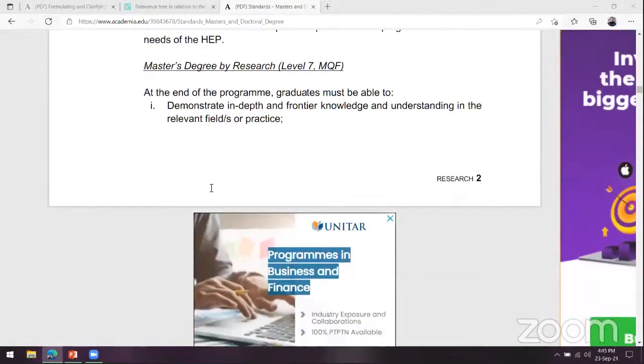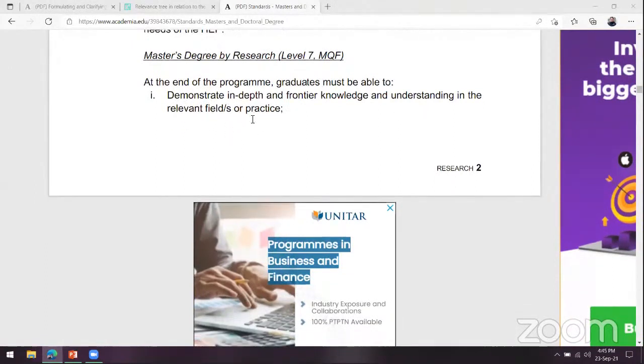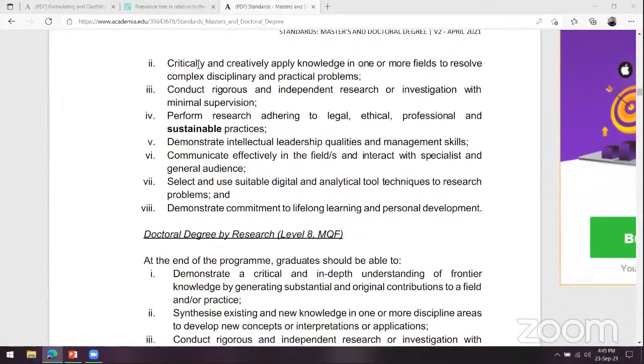At the end of the program, the graduate must be able to demonstrate in-depth frontier knowledge and understanding in the relevant fields of practice. Secondly, critically and creatively apply knowledge in one or more fields to resolve complex disciplinary and practical problems.